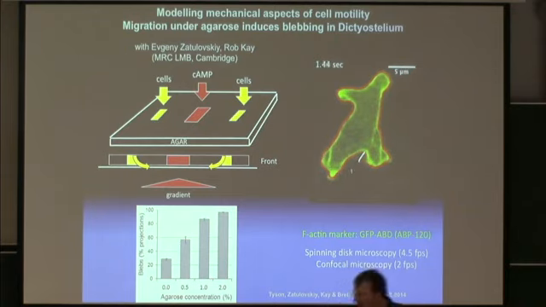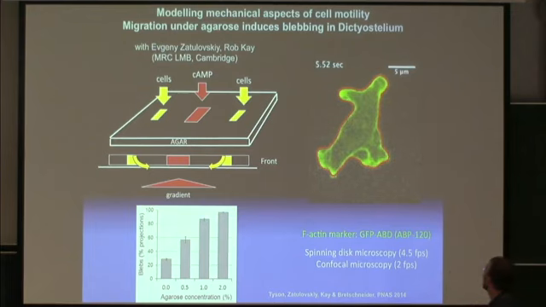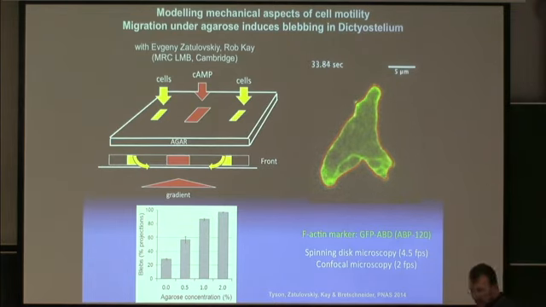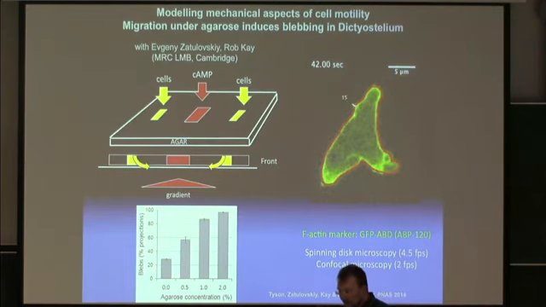And here you see a movie where, for example, in that region, you should be seeing a prominent bleb. Yeah, there, for example, you see this very typical actin scar. So this is the old actin cortex that stays behind.